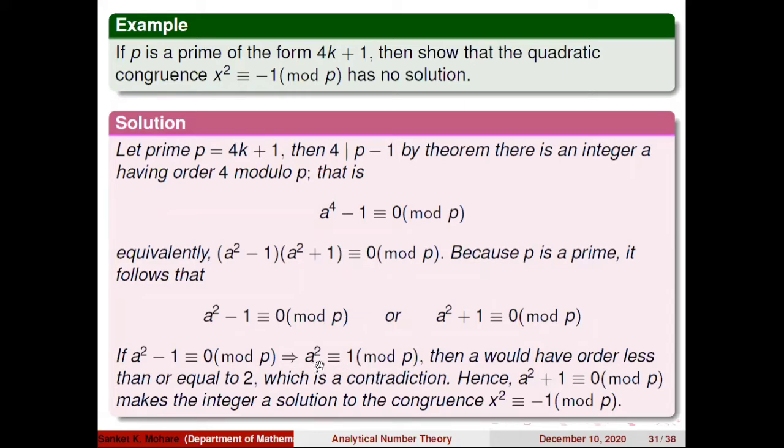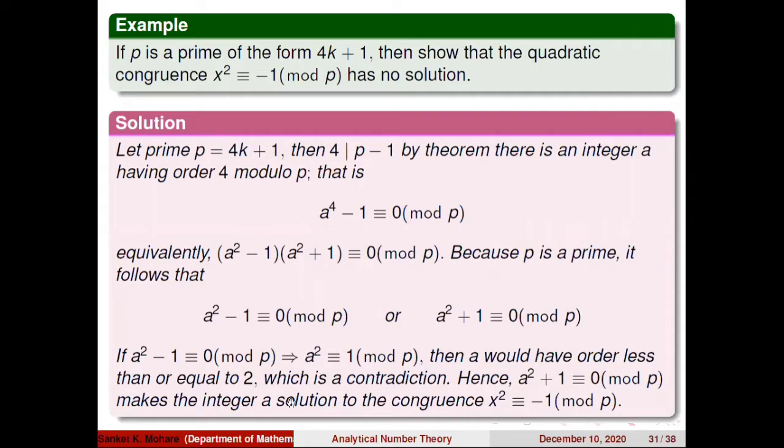But look here: a to the power 4 minus 1 is congruent to 0 mod p, which states that the order of a is 4. Assuming a squared minus 1 congruent to 0 mod p gives order of a less than or equal to 2, so this contradicts that statement.